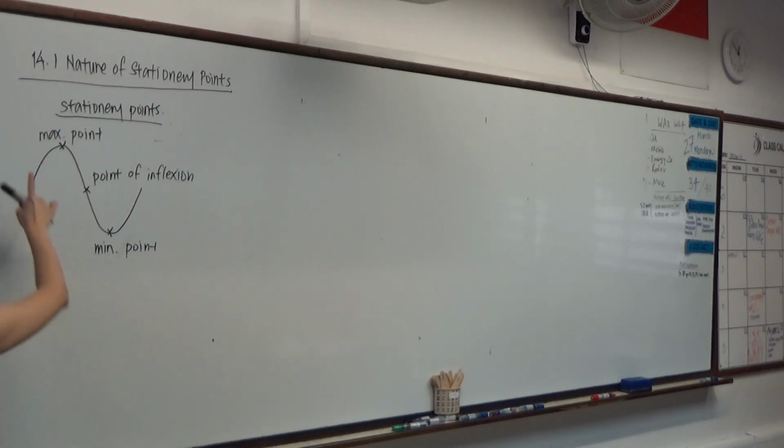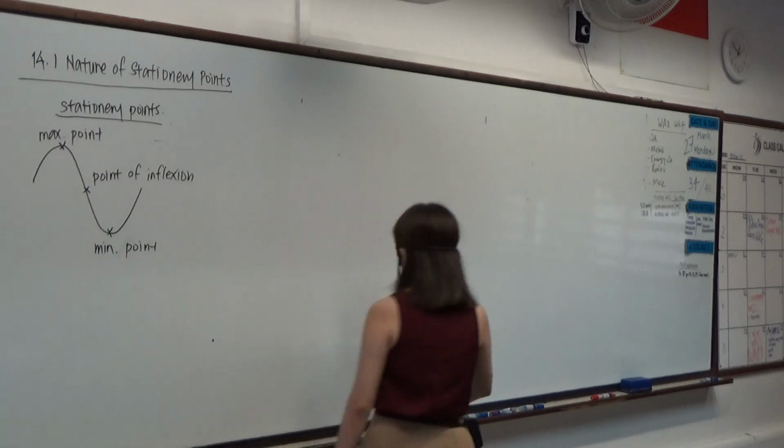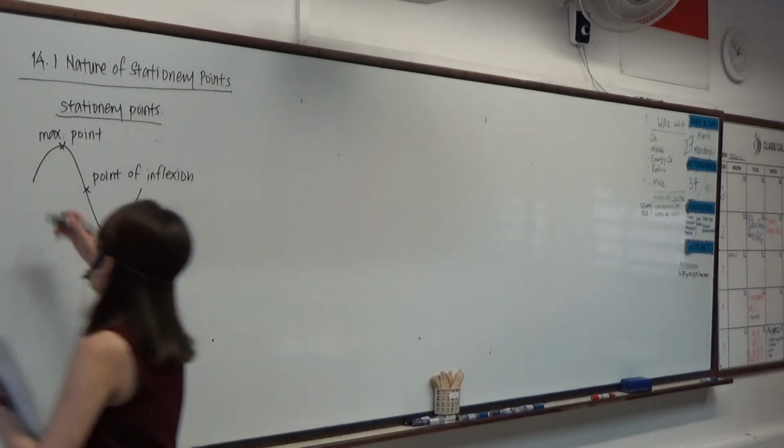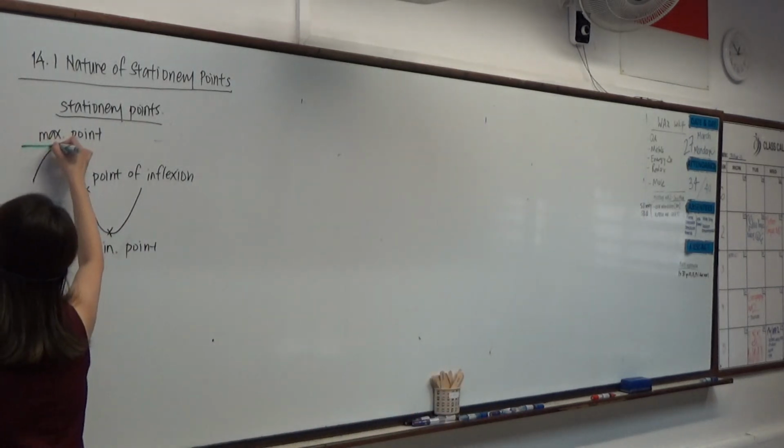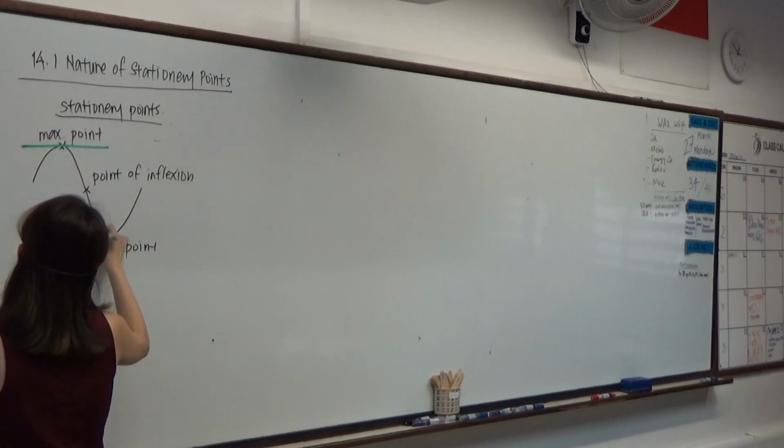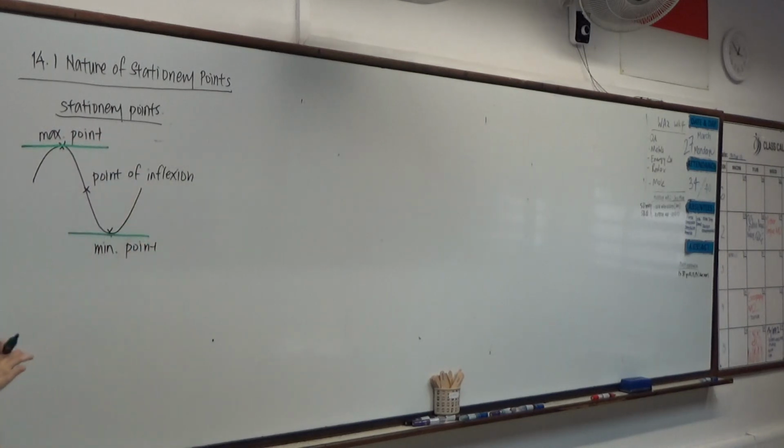For maximum and minimum points, when we did our E-maths last year, you might recall that we drew tangents for maximum and minimum points. The tangents at a maximum and minimum point would be a horizontal straight line, and with a horizontal straight line, their gradients are equal to 0.